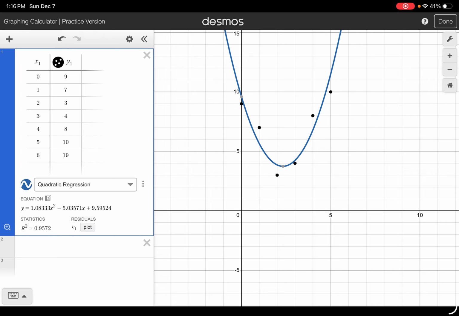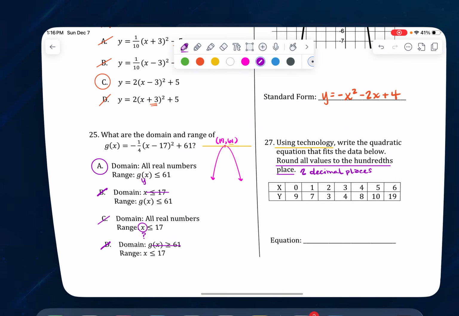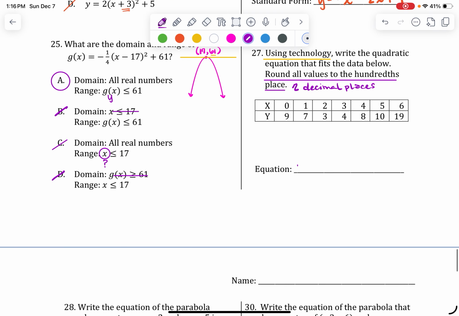And there we have it, right? Notice it's all these gross decimals that go out infinitely, I'm sure, but we're going to round that to 2 decimal places everywhere. So our equation is y equals 1.08, because it was 1.083333, x squared minus 5.04, because it said 5.035, so the 5 would round it up, and then plus 9 point.